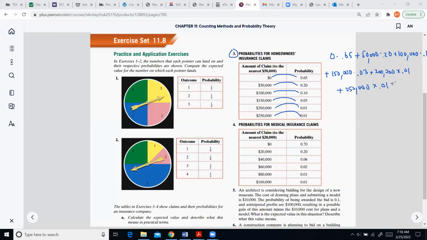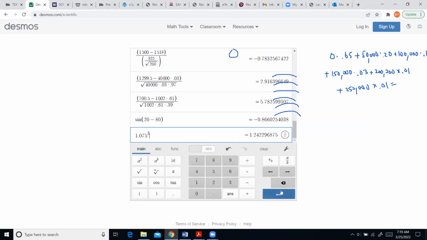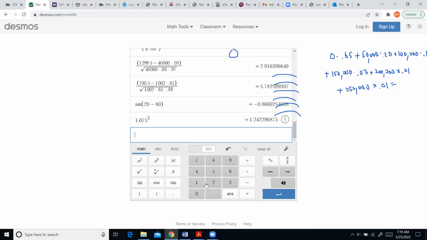So once you calculate this, you will tell the insurance company owners how much they should charge for the insurance policy. And that's what the actuaries do, right? So they make 100,000 a year, and they do this kind of thing, which is, I don't know, not a very hard thing to do, right?